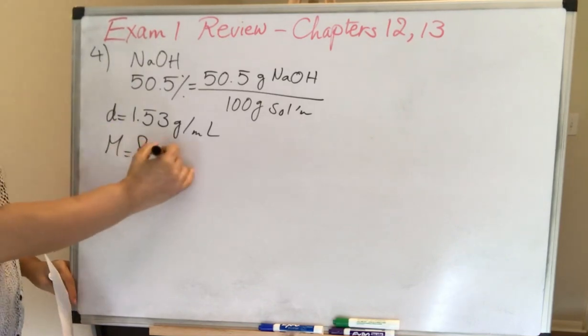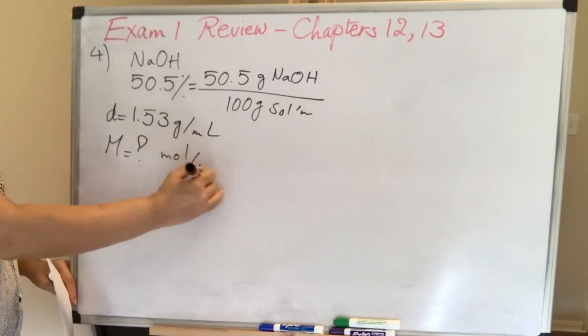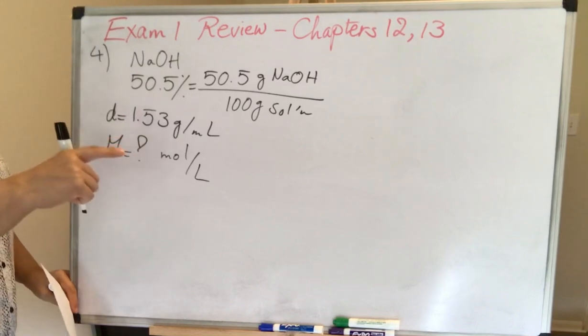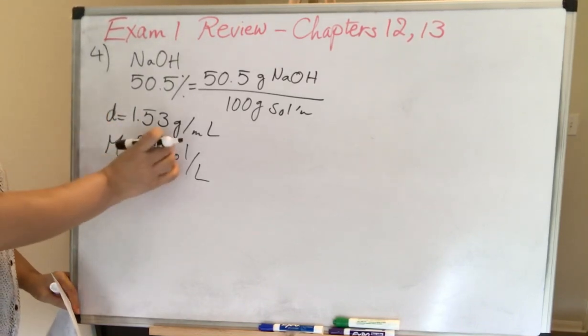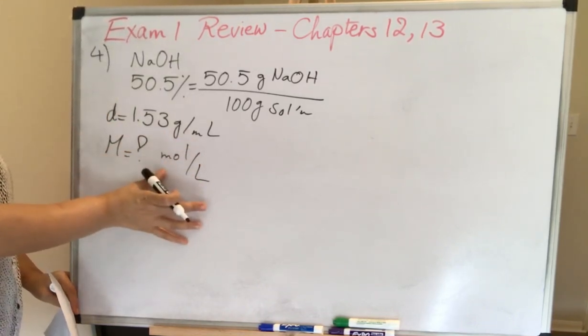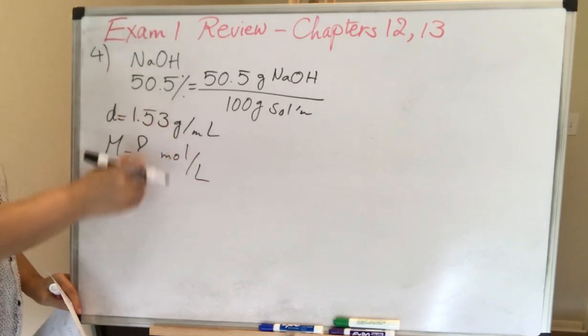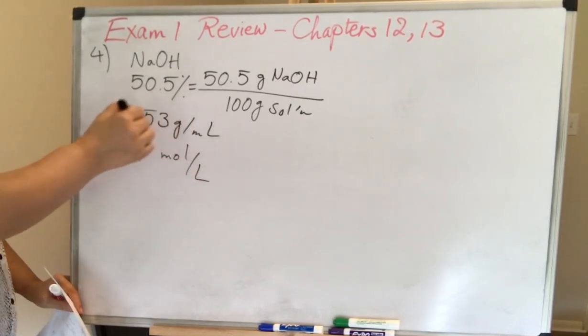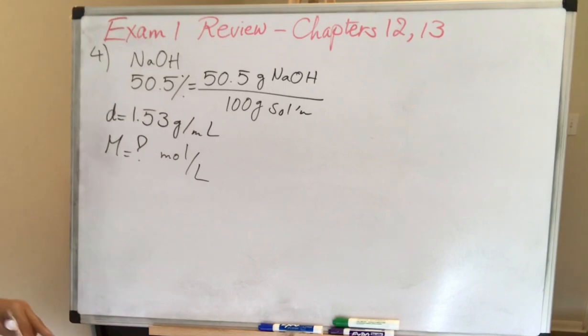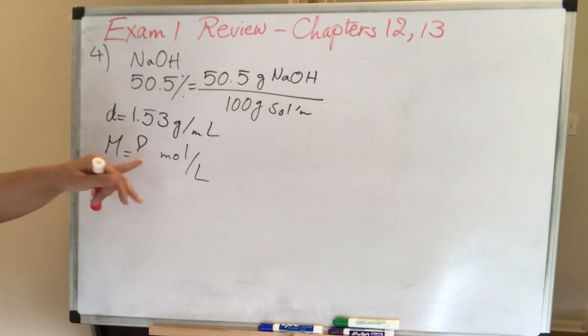Now you should know that molarity is moles per liter. Each time you have molarity, if you're confused, open it to moles per liter so you will know what to build. So you're supposed to build this molarity, moles per liter.